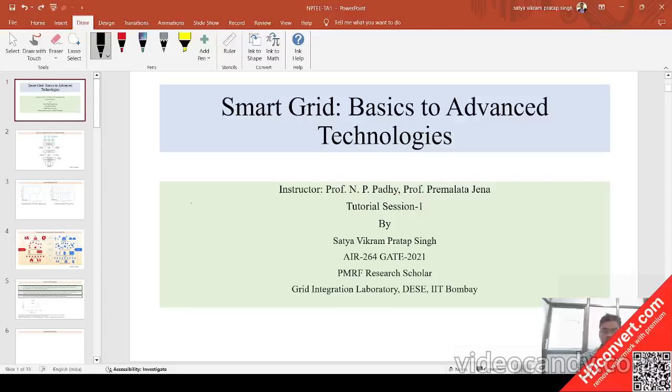So for starting the session, it will be like this. A few theoretical concepts I will explain to you, then after that a few numericals will be there, and we will dive into some extra knowledge, meaning what commercial loads are actually being fed, what kind of power quality issues there are, and how the smart grid actually works.